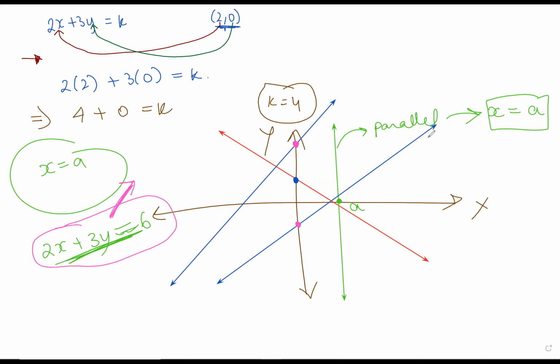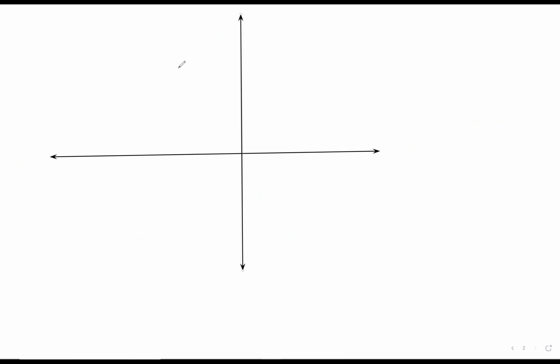So what do you guys think? How should we find it? Hamna said that one thing we could do is plot the graph for this. We know that the equation is 2x plus 3y is equal to 6, so we can easily plot its graph.